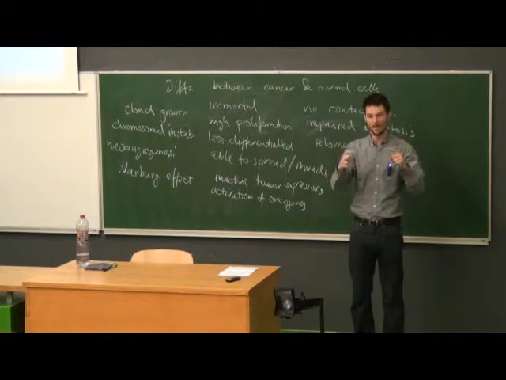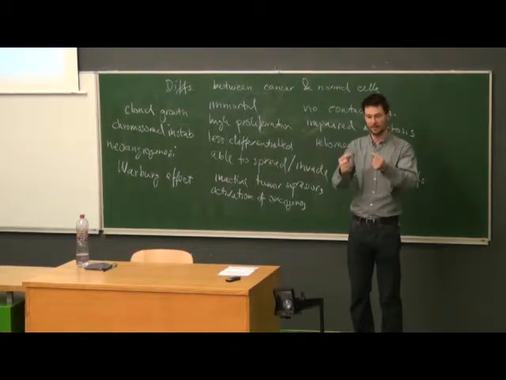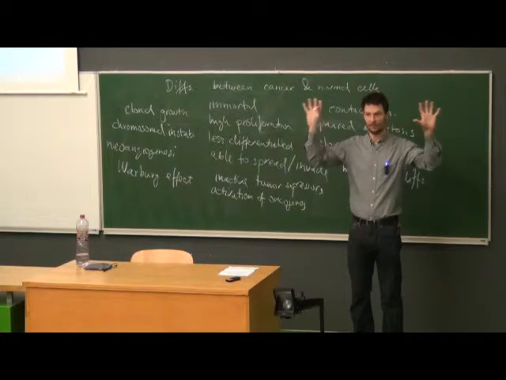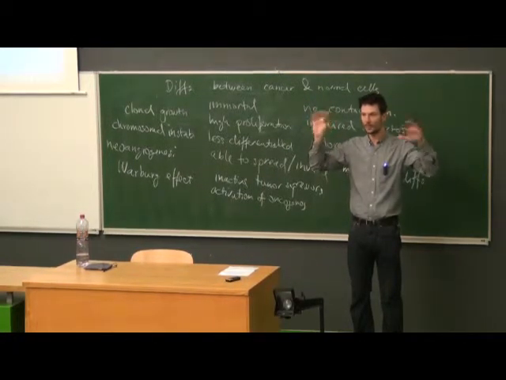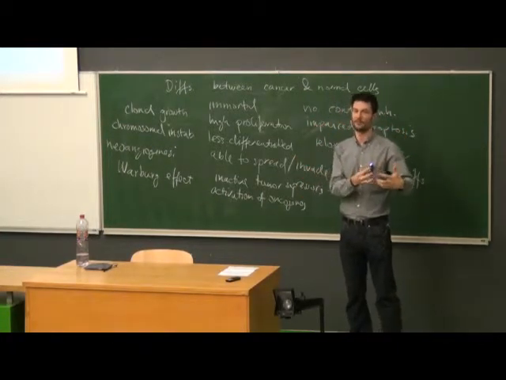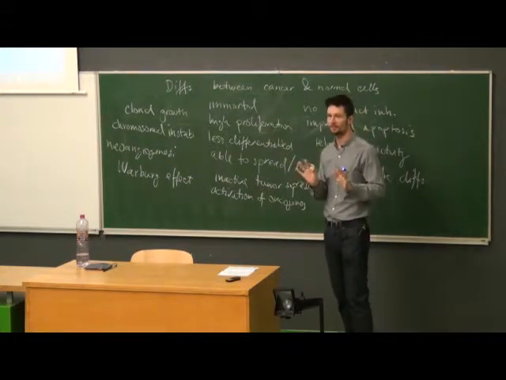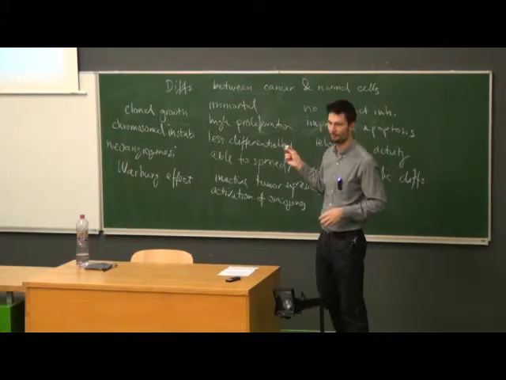So even though the less differentiated cells may look alike, their differentiated versions have very striking, very specific structure and shape. So that's what we're talking about. Cancer cells generally tend to lose the differentiated characteristics. They tend to look alike, not completely alike. You can still distinguish them. Okay, so that's about differentiation.